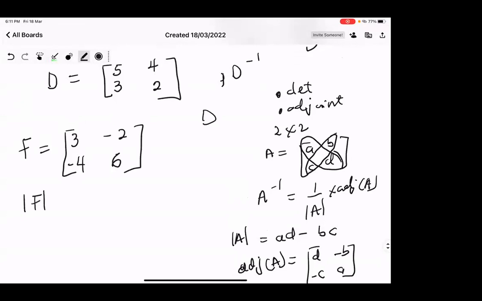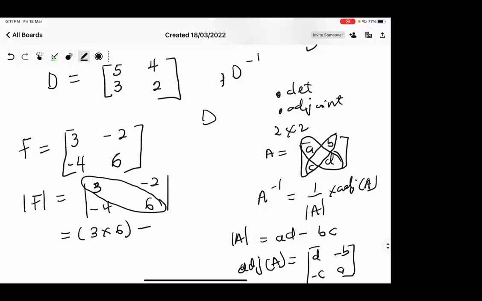So I find the determinant of F, which is given by the absolute value of F: 3, -2, -4, and 6. Okay, so this is equal to multiply components on the leading diagonal, 3 times 6, minus product of members on the other diagonal. That is minus 2 times minus 4.